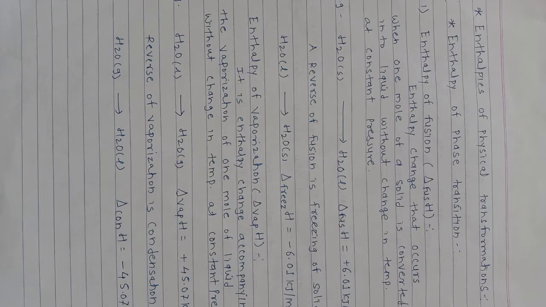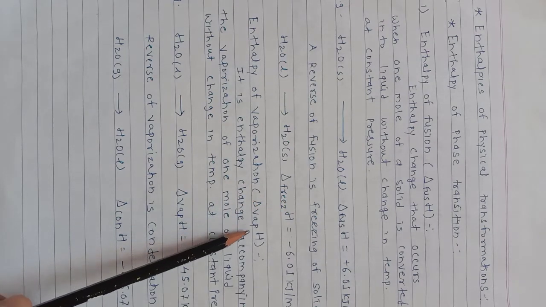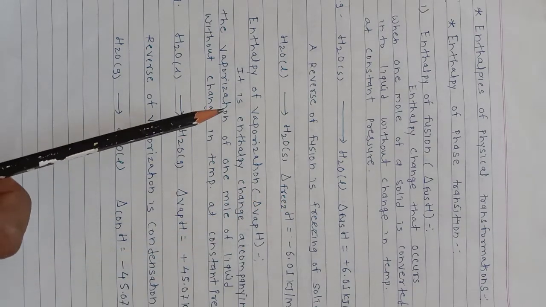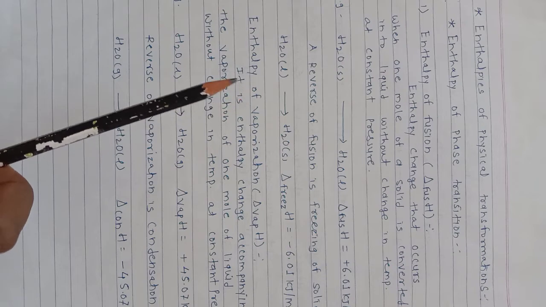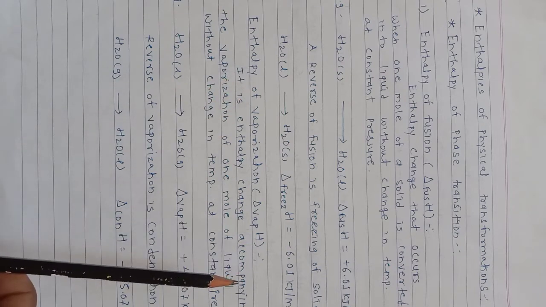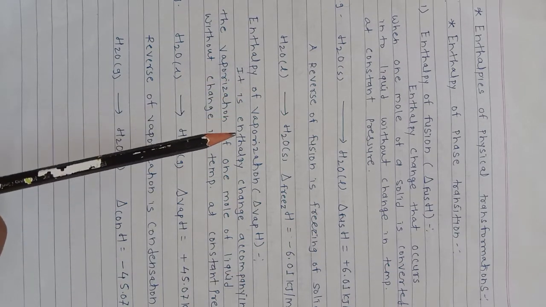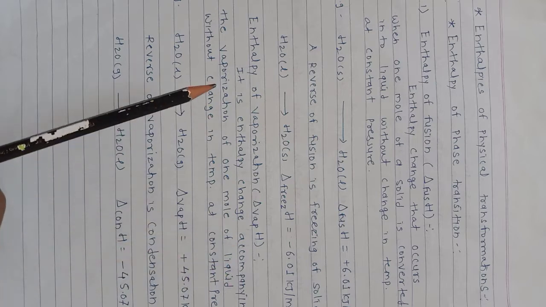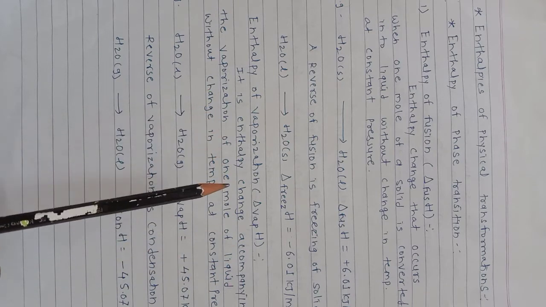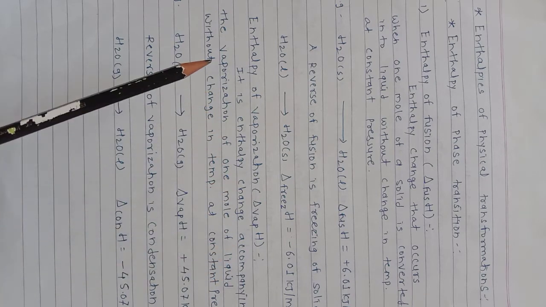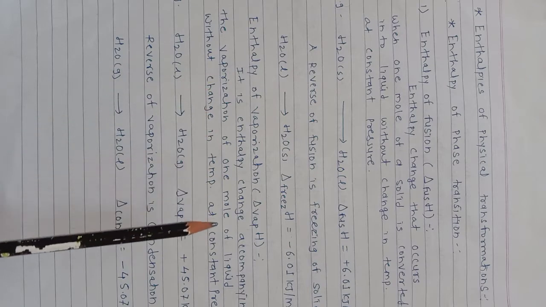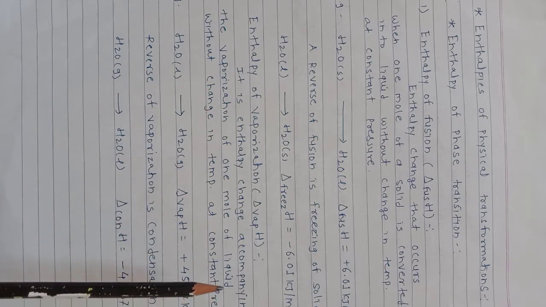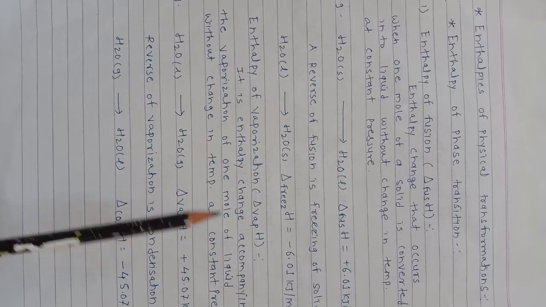Number two, enthalpy of vaporization. It is represented by the symbol delta vap H. Vaporization means conversion of liquid to gas. The definition: the enthalpy change accompanying the vaporization of 1 mole of liquid, again without change in temperature at constant pressure, is called enthalpy of vaporization.